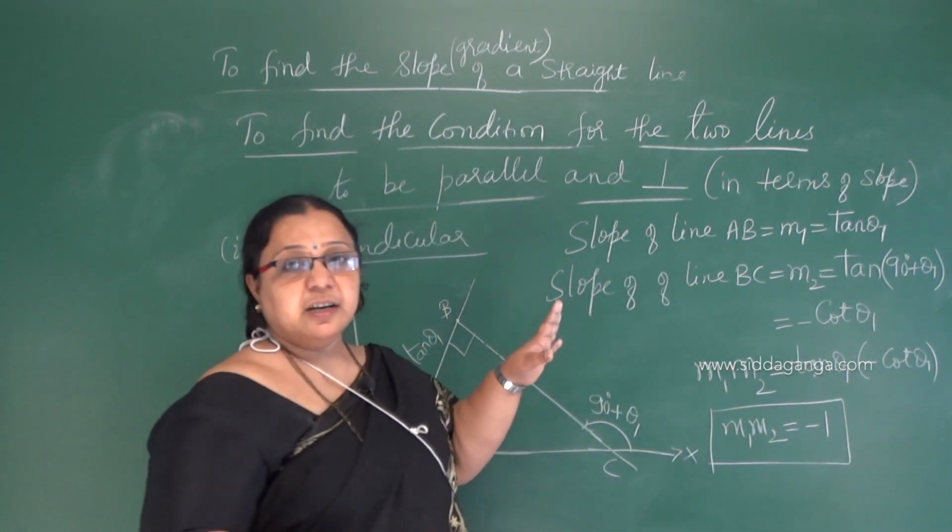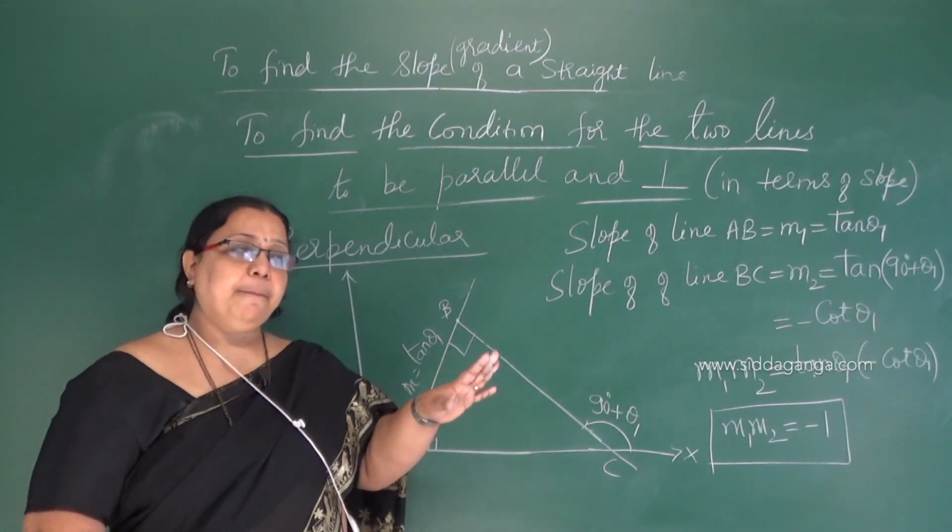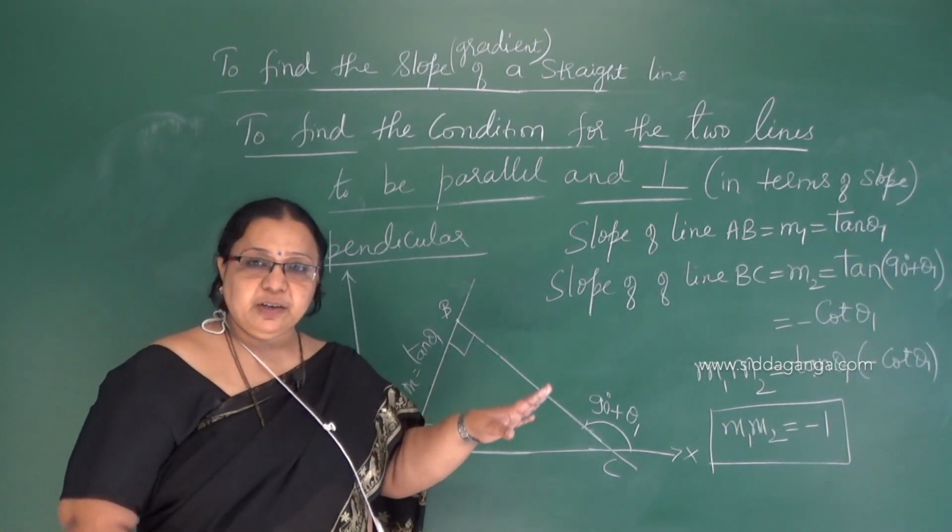So these are the conditions for the two lines to be parallel and perpendicular.